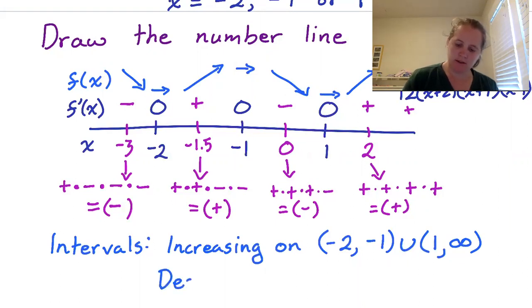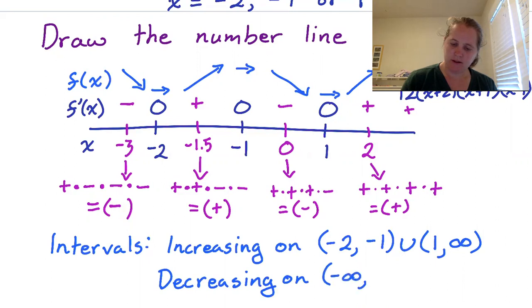And it's decreasing on from -infinity to -2. And then from -1 to 1.